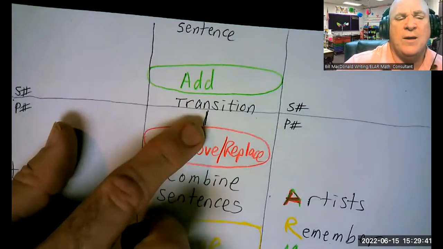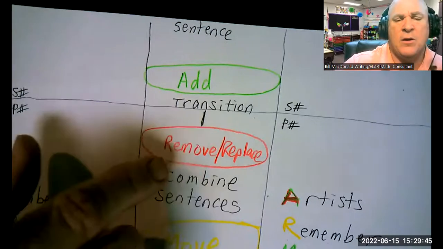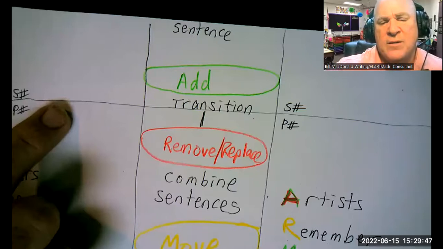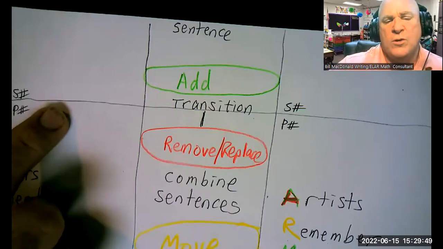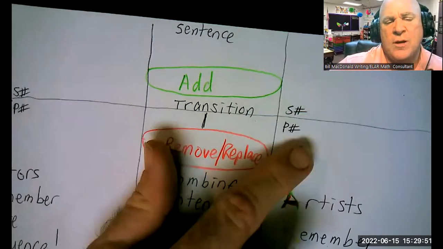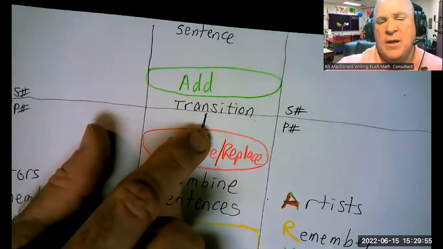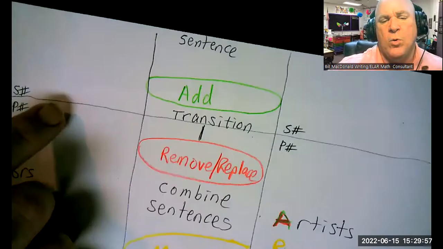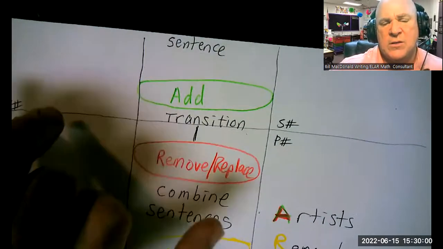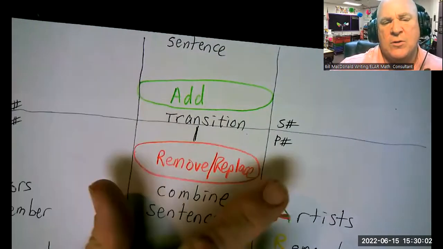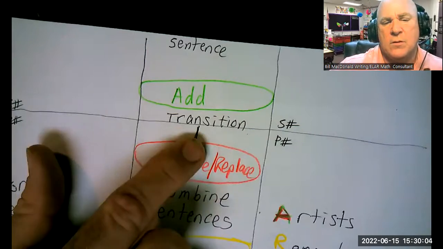Or here's one main idea in this paragraph, and this paragraph has a different main idea. What transition can I use to connect them? It's sort of like saying, if I have my shirt here and I have my pants here, what belt sentence can I use to connect those two ideas?